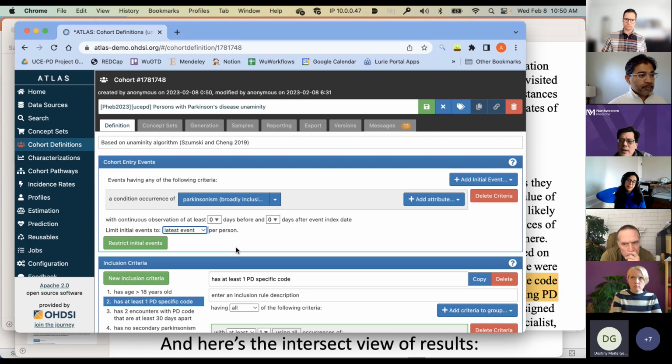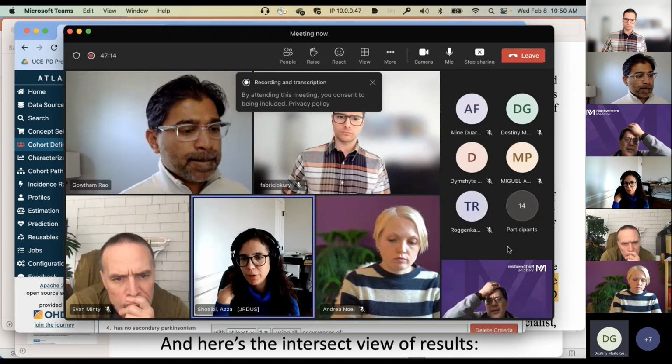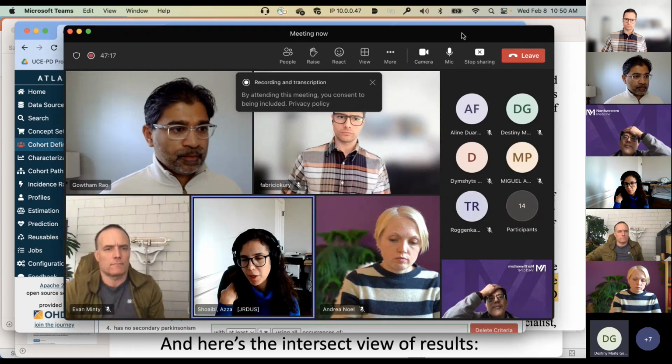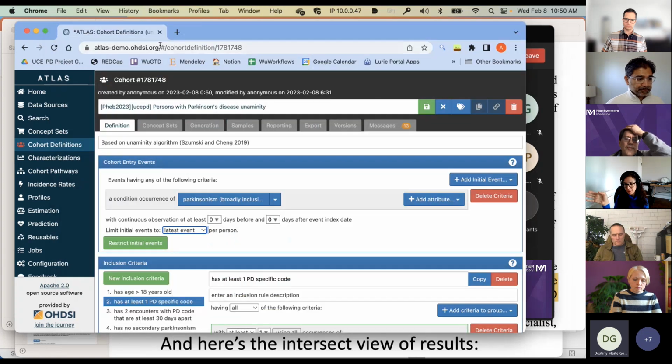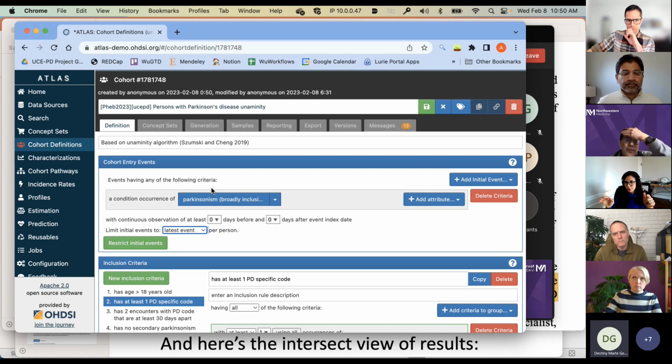It doesn't matter. You know that in OMOP, whenever you define a group of people, you also define with it a date, no matter what. It doesn't matter if you care about that date or not. If you apply this on a database, you end up with IDs, and in OMOP there is always an ID, a start date, and an end date, and you can model it the way you want.